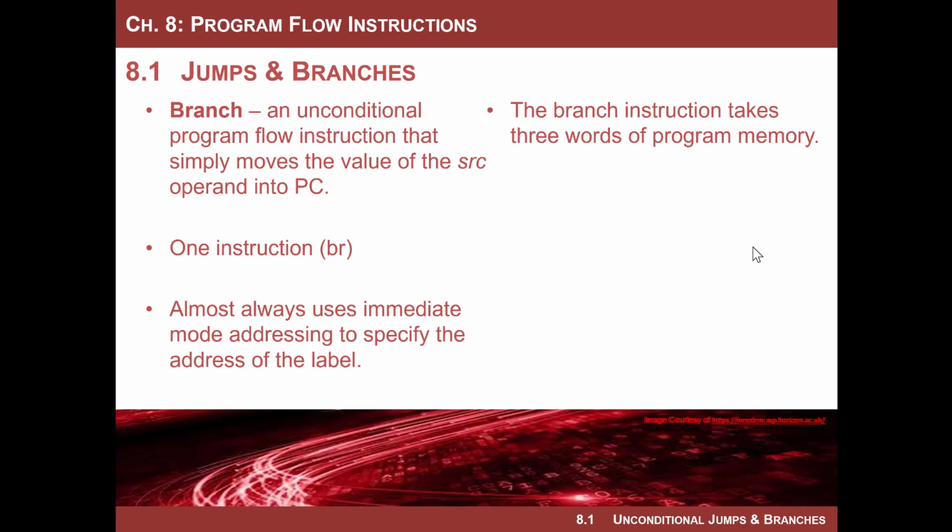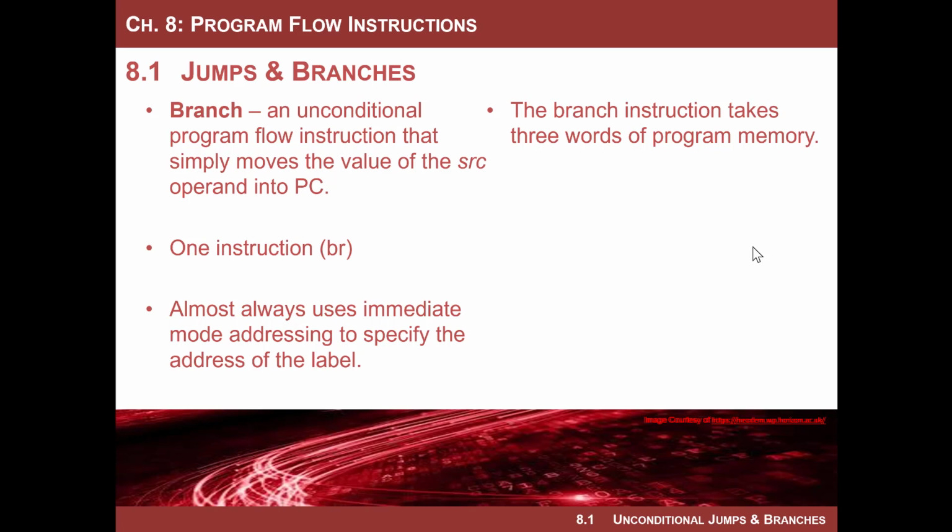Now you've got to ask, what is the difference between a branch and a jump? The branch is the simplest. A branch is unconditional, and all it does is move the value of the source operand into the program counter. So you need a full-blown 16-bit operand, and whatever it is, you just stuff it in there.